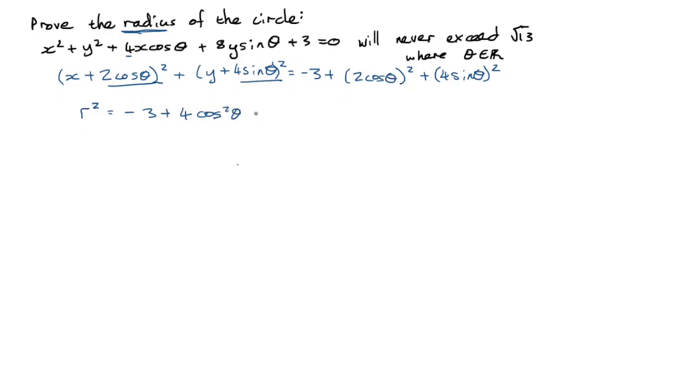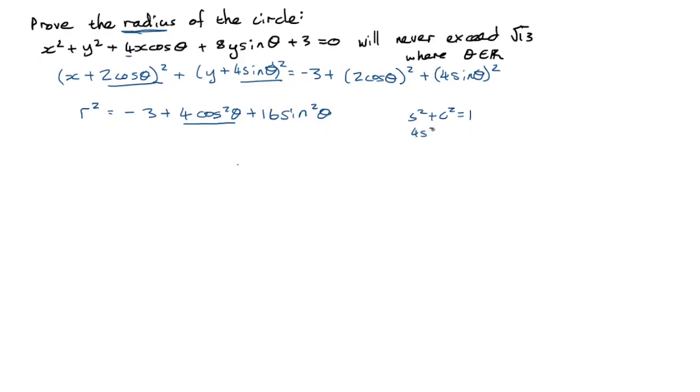We've got 4 cos squared x and 16 sine squared x. So at first glance, it looks like a bit of a headache. One thing that's buzzing in my brain is I'm seeing squares, and I know that if I had 4 cos squared plus 4 sine squared, that equals 4. That's all the way back to this simple identity you learned probably in grade 10 or 11: sine squared plus cos squared is 1.